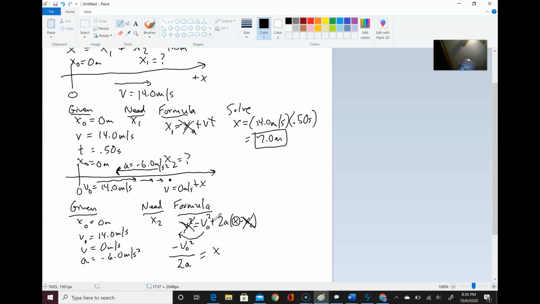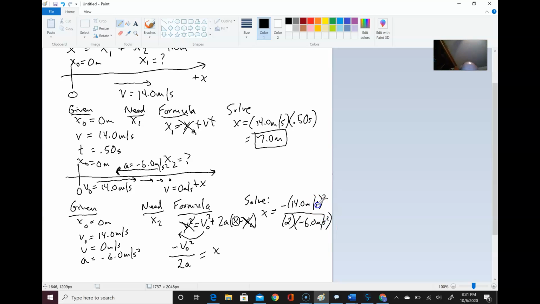Okay, and so now I have my formula that I can just plug values into. So I'm going to solve. I'm going to say x equals negative, and my initial velocity is 14.0 meters per second, and I'm going to square that, divided by 2 times the acceleration, which is negative 6.0 meters per second squared.